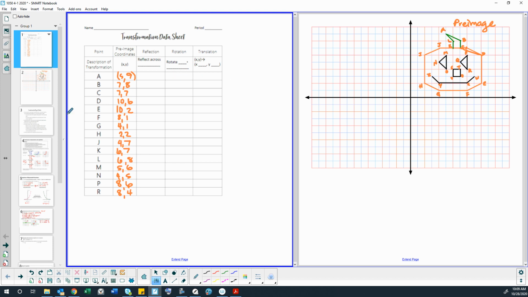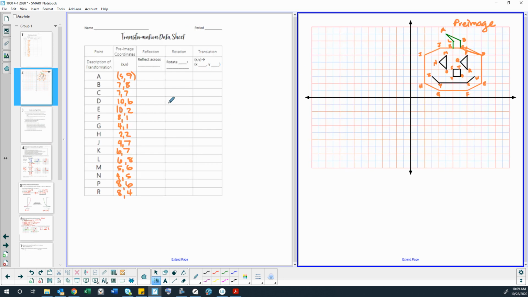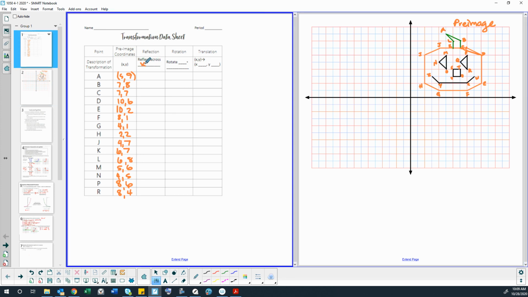So now my reflection, let's go back to our instructions. The reflection is supposed to go into quadrant 4, so that would be down here. So I'm going to take each of my points and reflect it across the x-axis.